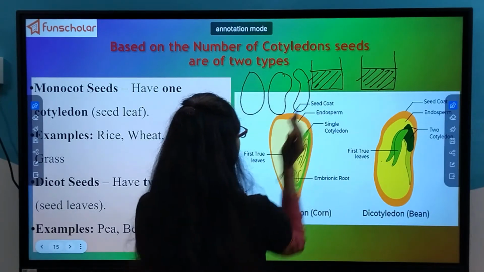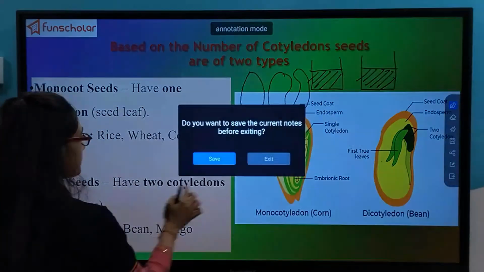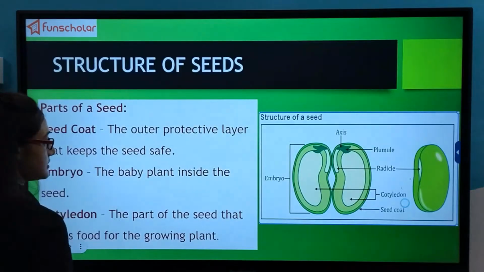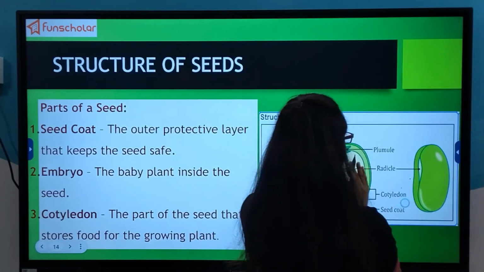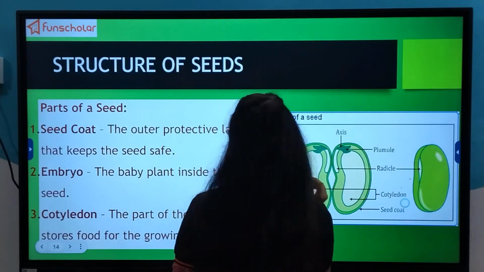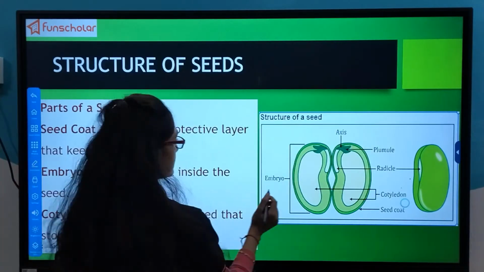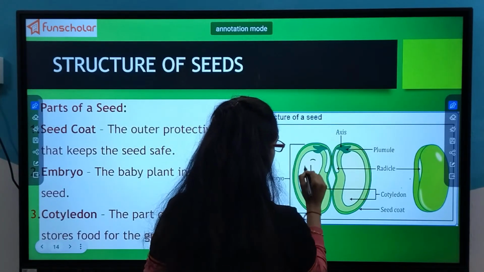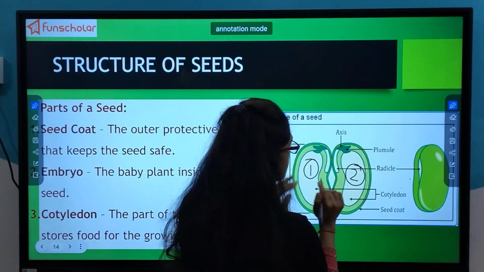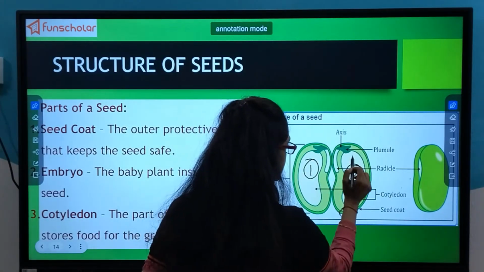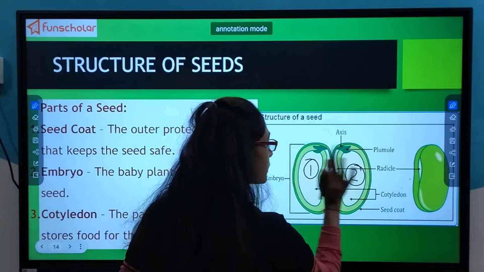If you open that seed, just like in the previous slide, this was a bean seed. I opened it. It is showing two cotyledons here. Cotyledon number 1, cotyledon number 2. So if I open this, it is showing two cotyledons.